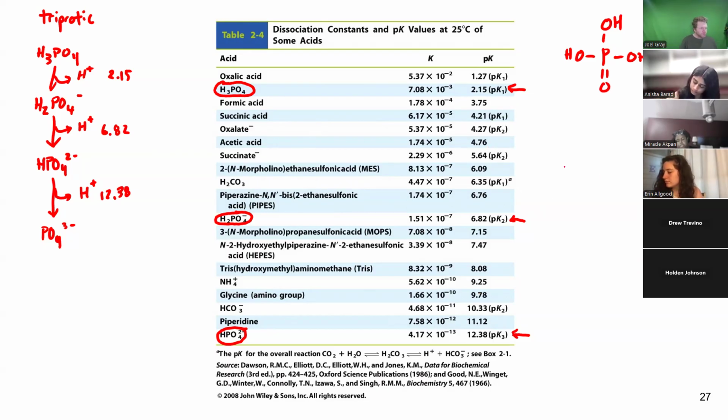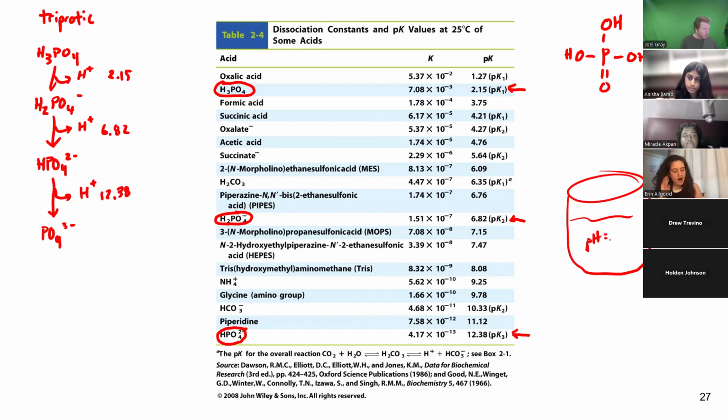But here, I'm going to ask the question, what if I made a solution, and the solution's pH was, let's go with 9.47. I could have gone with 9.00, but I didn't.